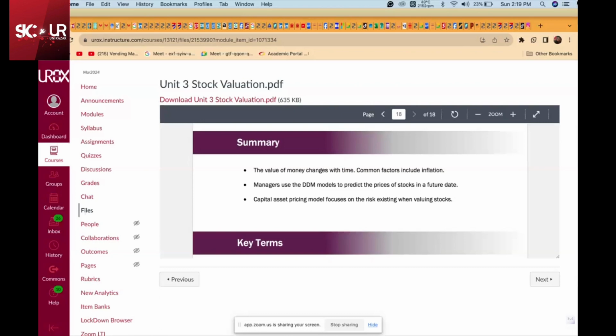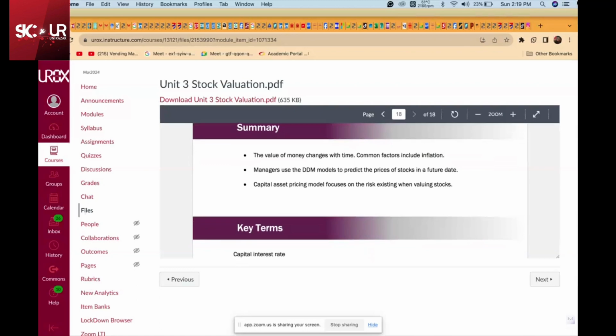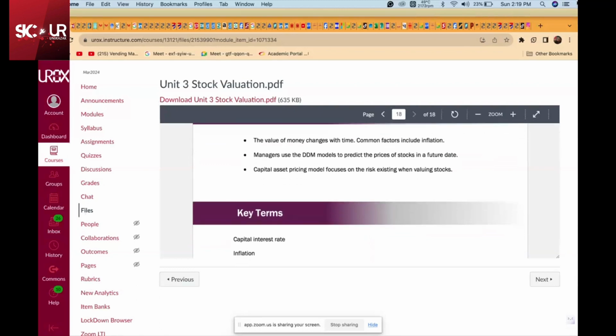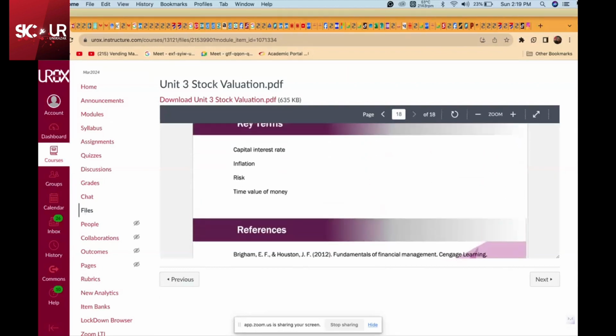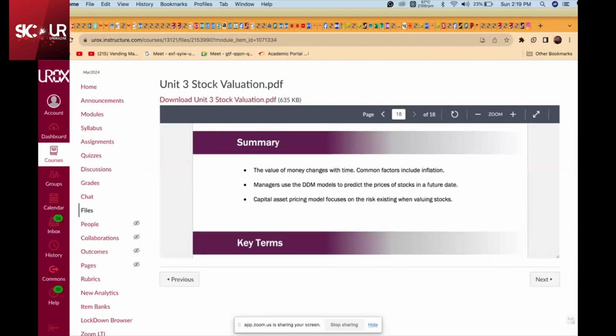Managers use the dividend discount model to predict the price of the share for a future date, and the capital asset pricing model focuses on the risk that exists when evaluating the assets. Right. Any comment or question?